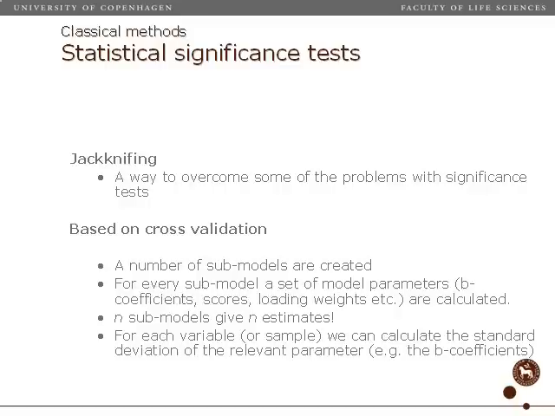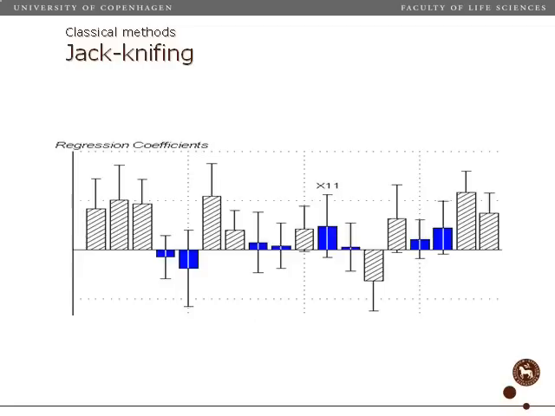We can simply test it empirically through the cross-validation by using jackknifing. So the result is the same in the end, that we can select variables based on significance, but the significance that we get, the actual value, is different from the classical approach. And typically in the multivariate case, more relevant.